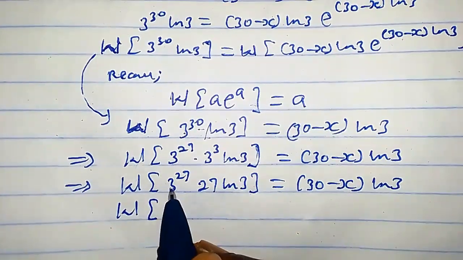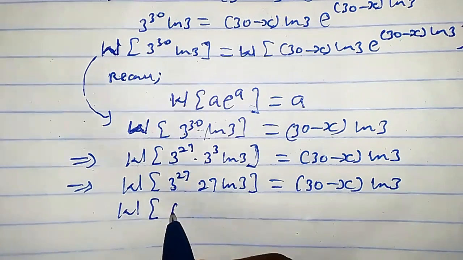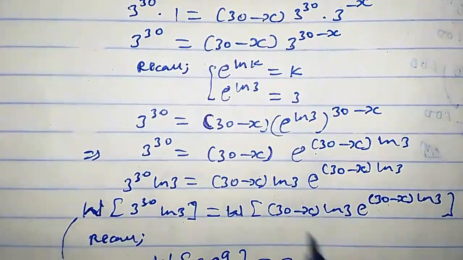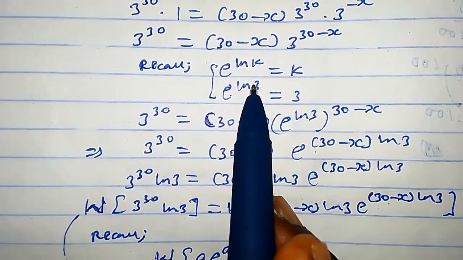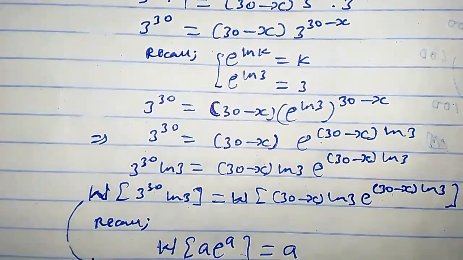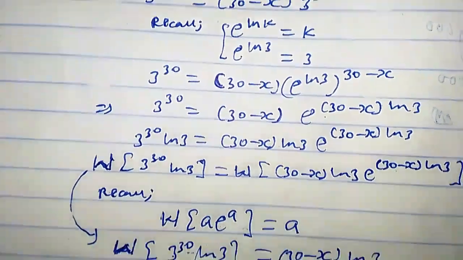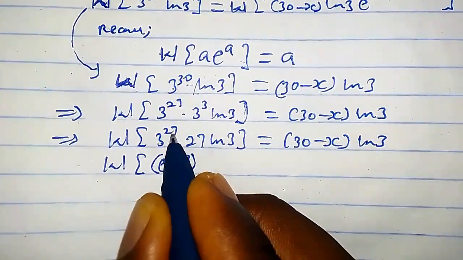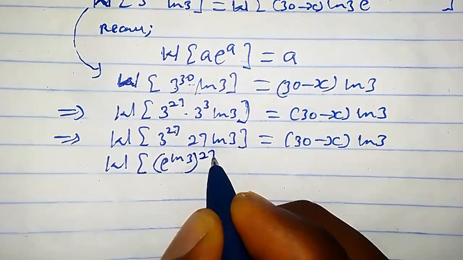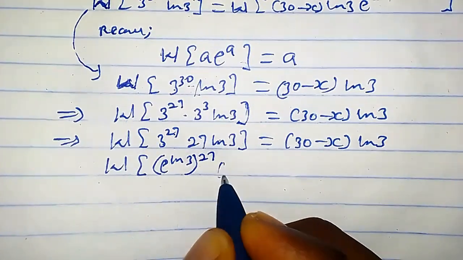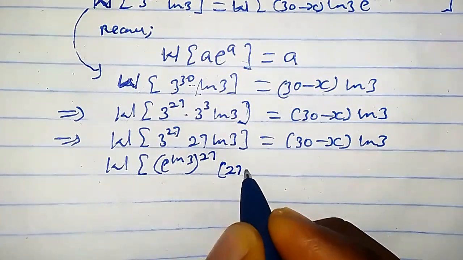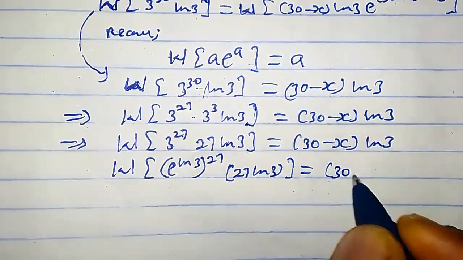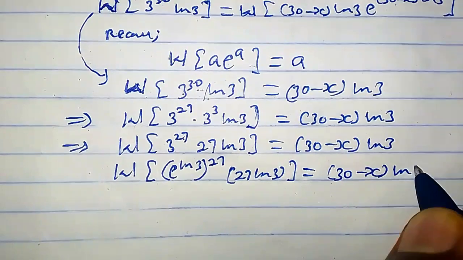3 can be written as exponential ln 3. That is from our first property: exponential ln 3 is the same thing as 3. So we just replace 3 with this guy. So we obtain this times the exponent, which is 27, times this guy, let's just put the bracket, 27 ln 3, which is equal to 30 minus x ln 3.